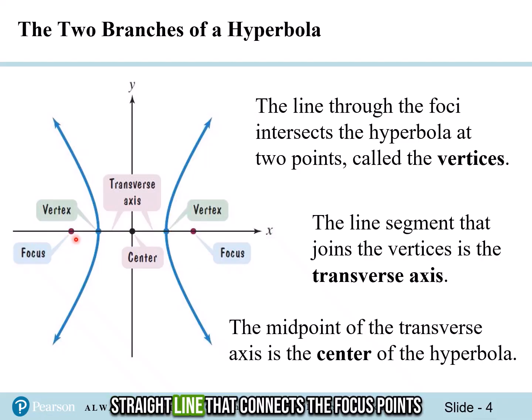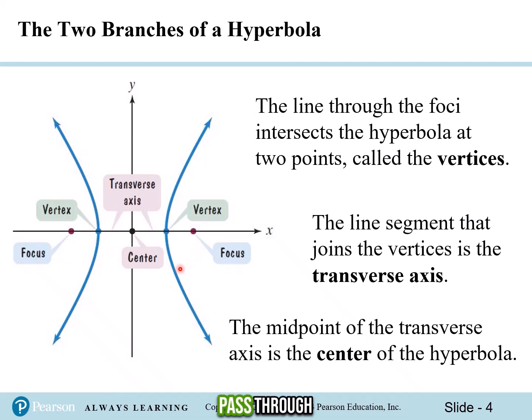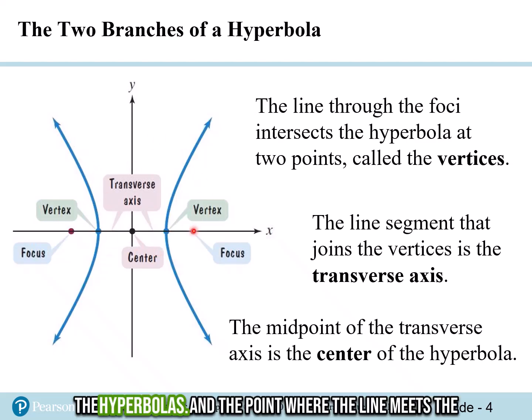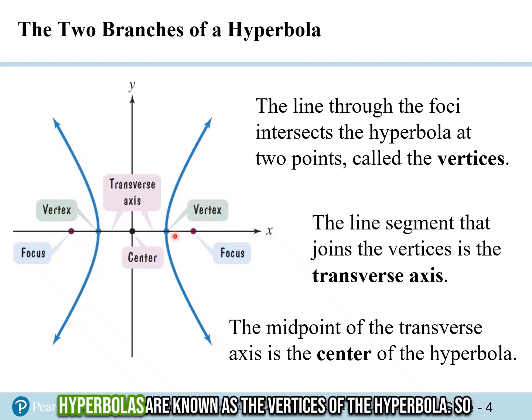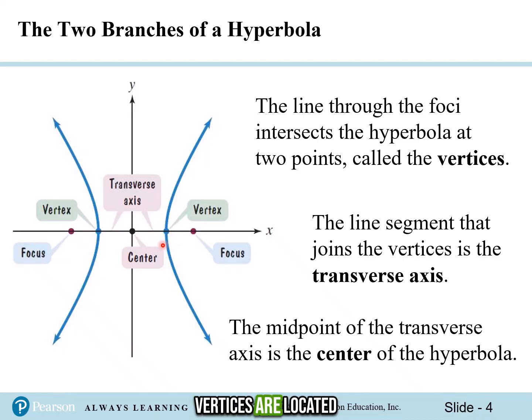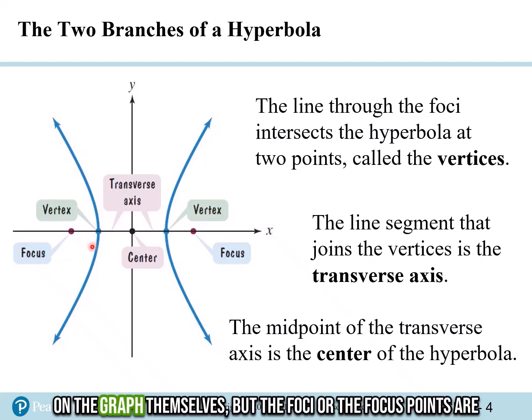The straight line that connects the focus points passes through the hyperbolas, and the points where the line meets the hyperbolas are known as the vertices of the hyperbola.